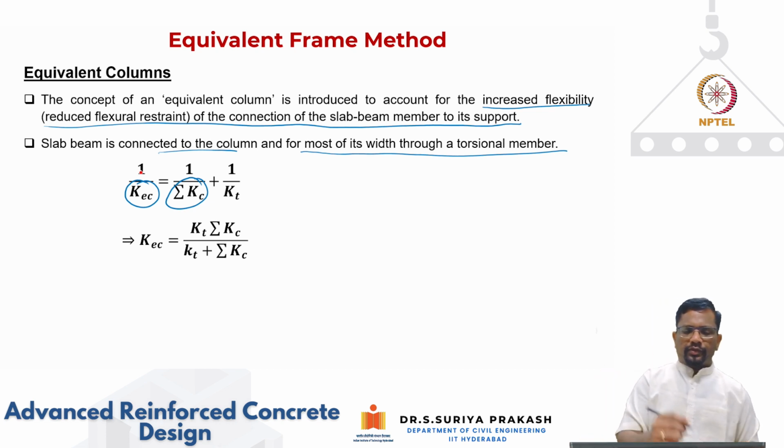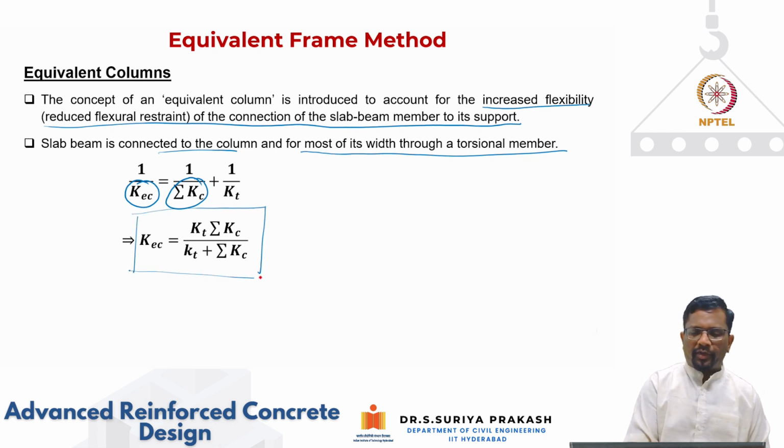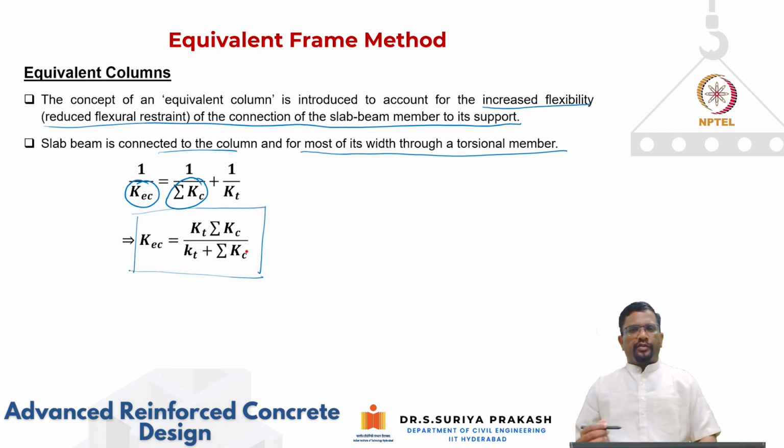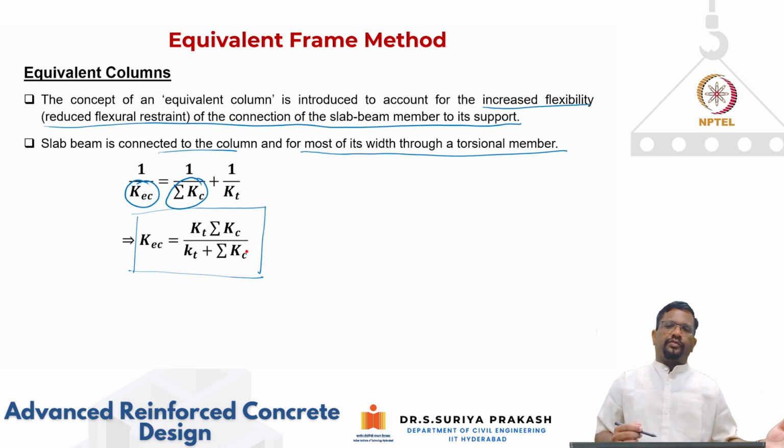If you substitute and simplify, the equivalent stiffness of the column can be expressed in terms of the torsional stiffness of the transverse beam and the flexural stiffness of the column member. And you know the stiffness of the column member is 4EI by L, where L is the height of the column.